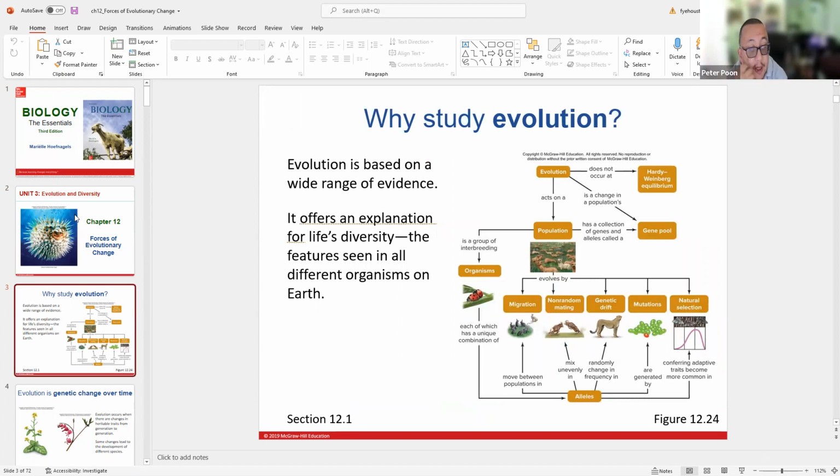Why study evolution? Because evolution is based on a wide range of evidence. It offers an explanation for life's diversity, the features of all the different organisms on Earth.